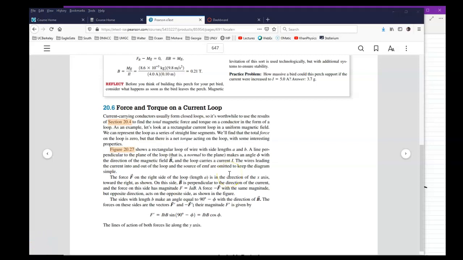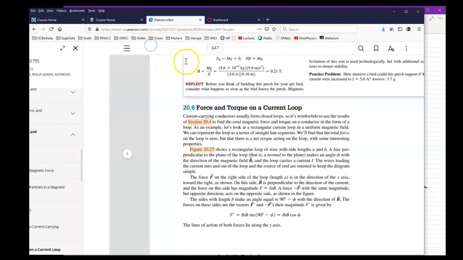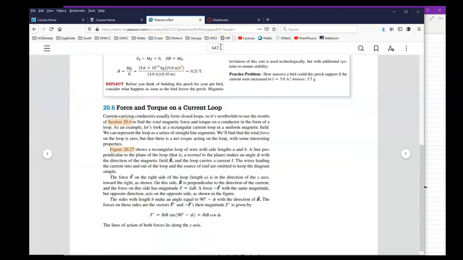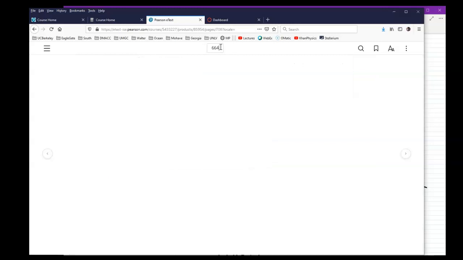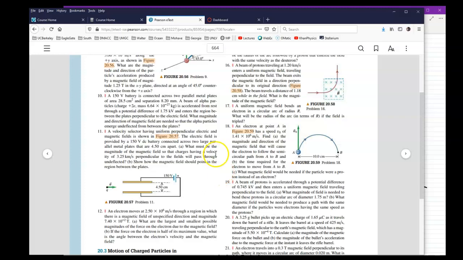Let me start with problem number 11 in the textbook. I know the page number, it's on page 664. Like I said, you have about 10 or 11 problems. Okay, 11 right here.